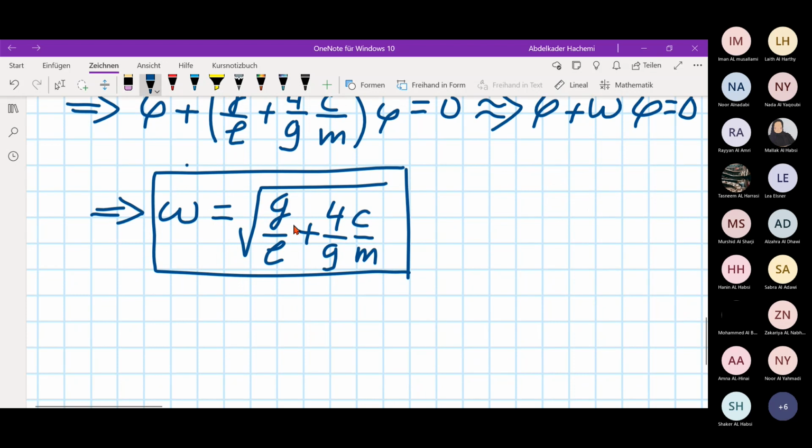Now, it's asked here the frequency and the period. We know that the period T is always defined by 2 pi divided by omega.